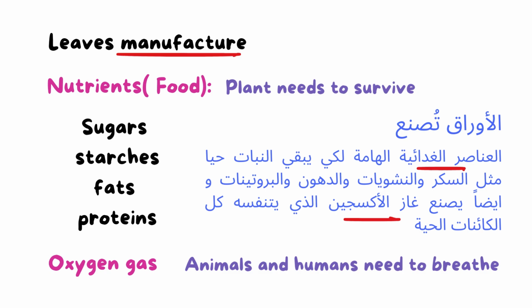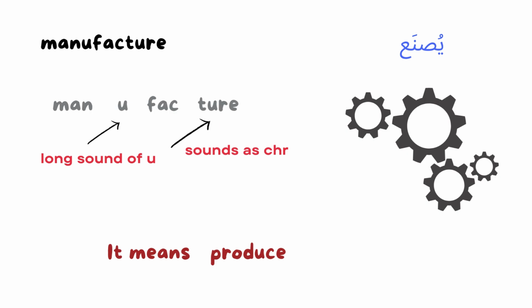Okay? Animals and humans breathe oxygen. We take this oxygen from the product of the photosynthesis that happens in the green leaves. Okay? So this is the word manufacture, which is a verb. We can divide it into 4 syllables.